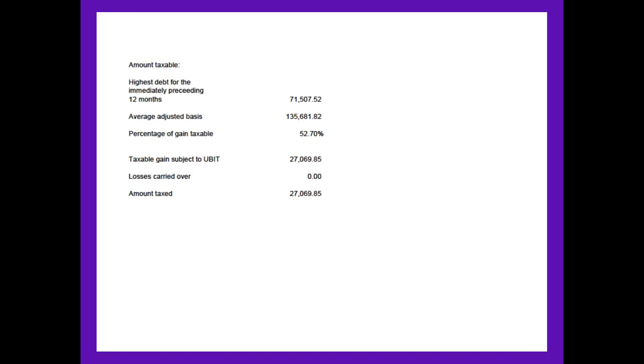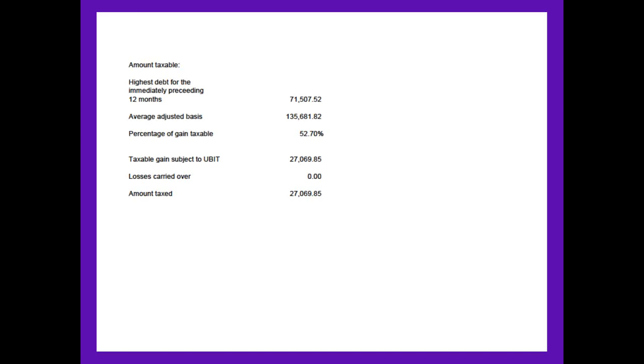So there was the highest amount I owed. Here was my average adjusted basis, okay, during that same period. And here's the percentage of gain that's going to be taxable, 52.7. So we're going to take that $51,000 gain that we just calculated when we sold the property, multiply it by that percentage, and you'll see that the total gain that's subject to UBIT is right around $27,000, okay?